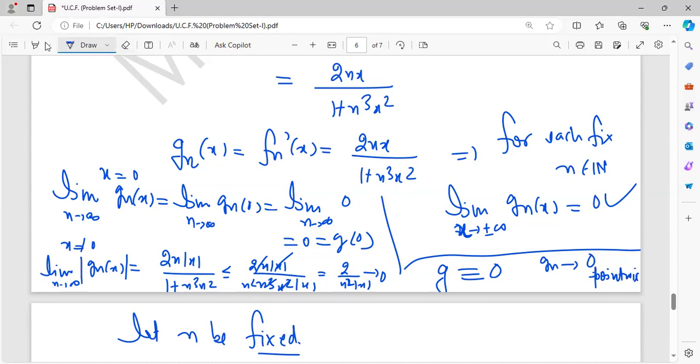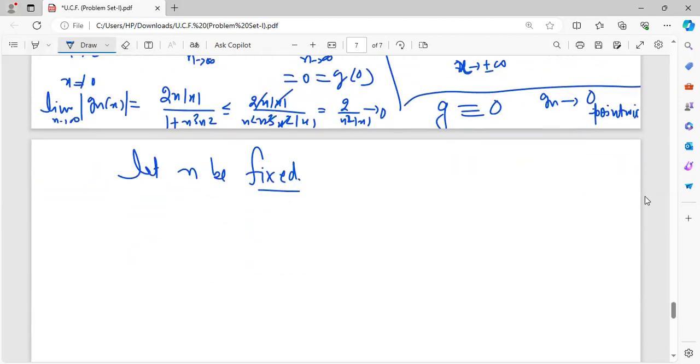Now we are taking fixed n and we will calculate the maxima and minima. So we will use gn(x). We will calculate this supremum, that is Mn for fixed n.